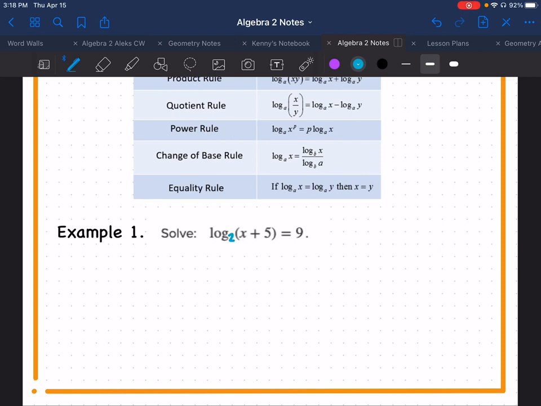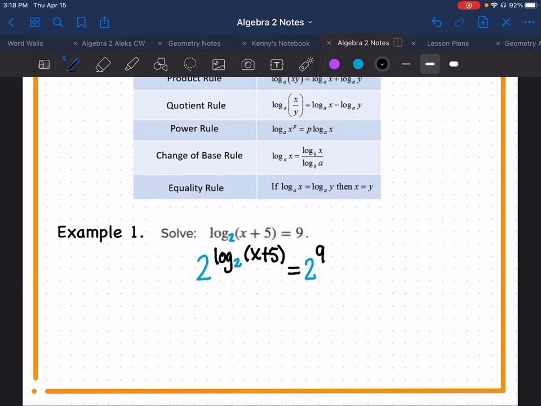That would be the 2 right here. So we're going to raise each side of our equation to the base of 2, because this is what the inverse property says. Now what I do to one side, I must do to the other.